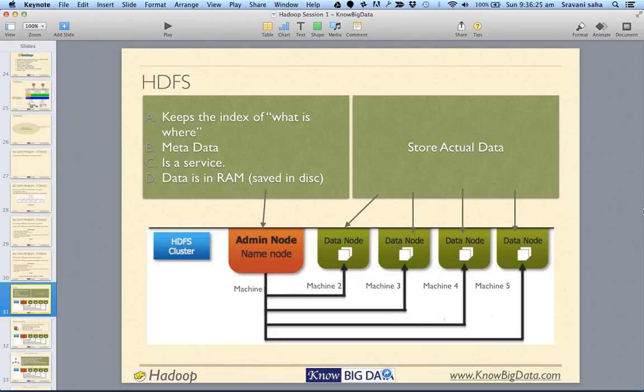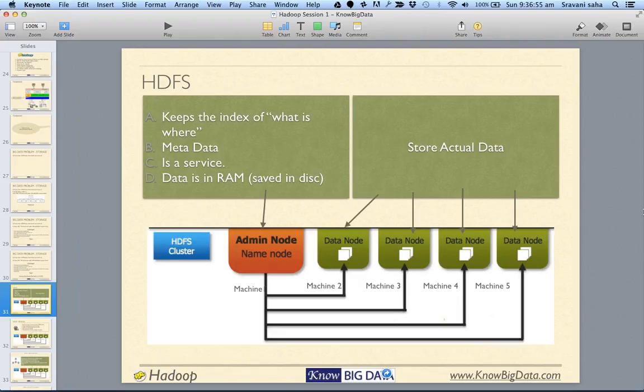And when we say computers, computer is the physical architecture. On each of these computers, we install a process, and this process is generally either admin node or data node. Okay. So one of the nodes we mark as our admin node. All right. And then the rest of the nodes we mark as data nodes.